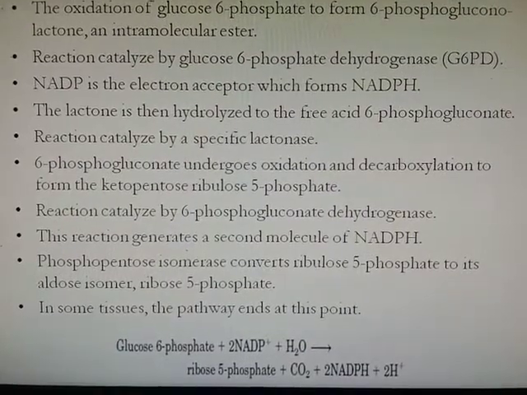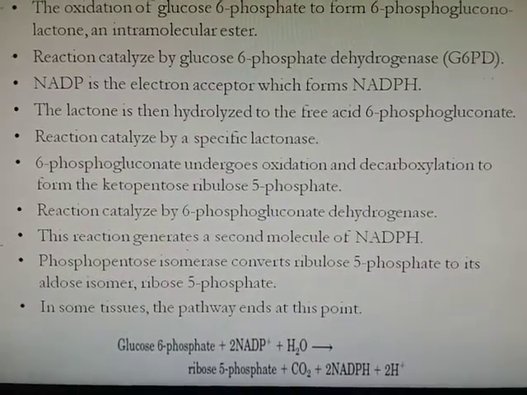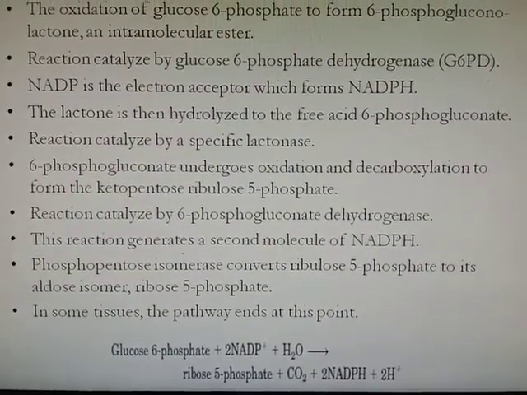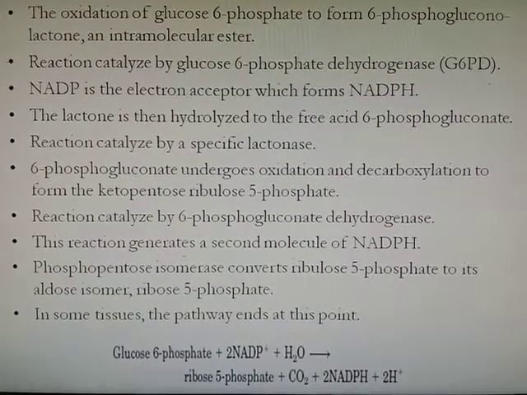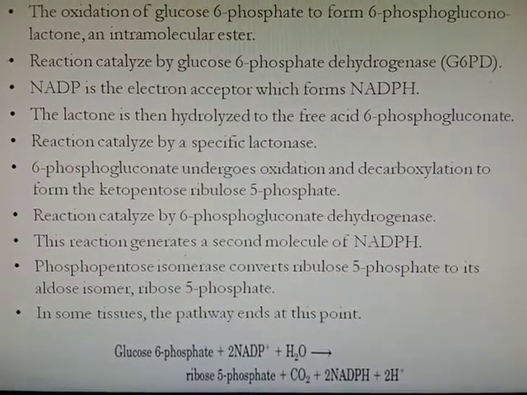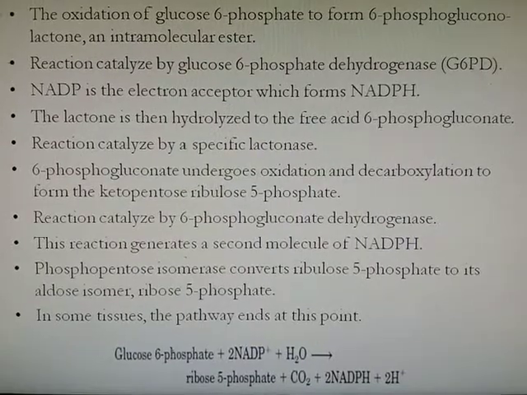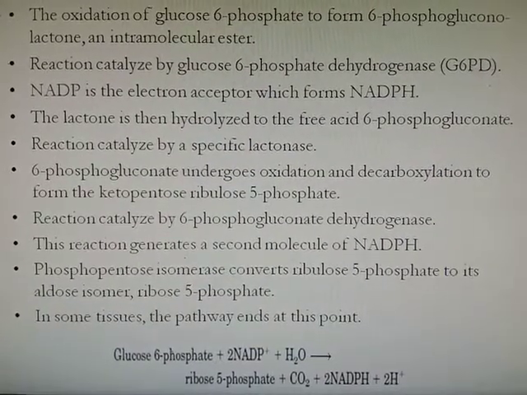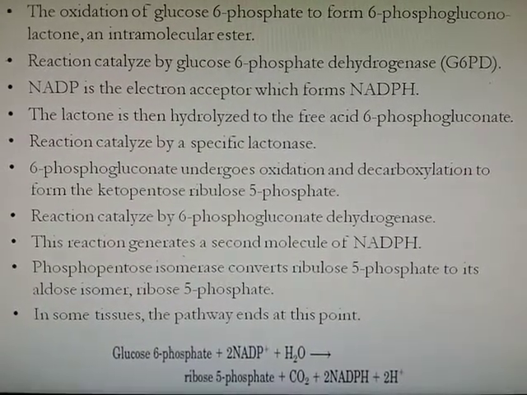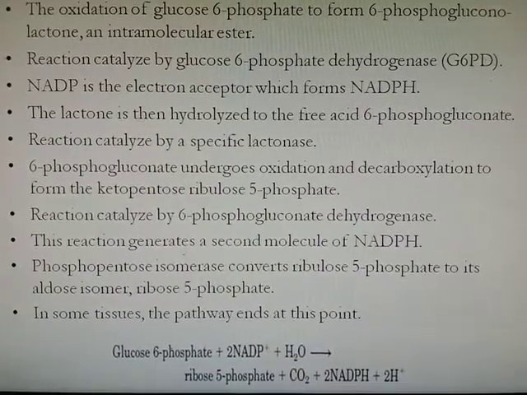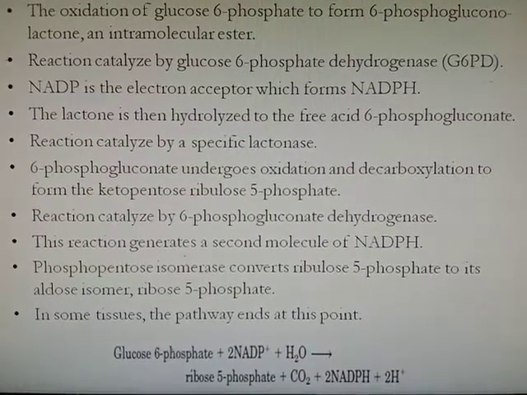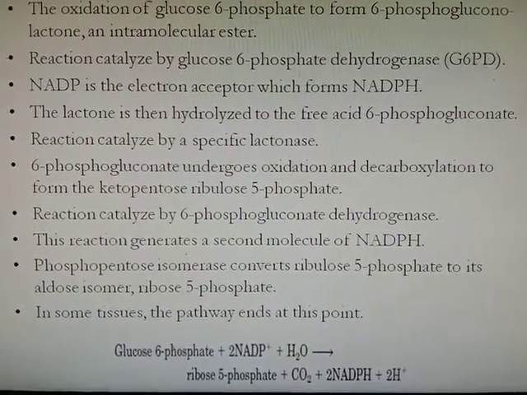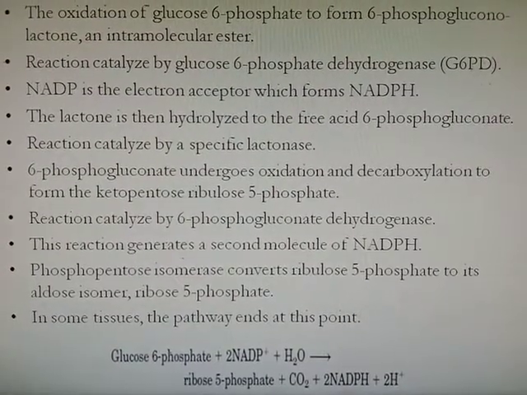The first enzyme is glucose 6-phosphate dehydrogenase, the second enzyme is lactonase, and the third enzyme is again 6-phosphogluconate dehydrogenase. This reaction generates the second molecule of NADPH. The phosphopentose isomerase converts this ribulose 5-phosphate to its aldose isomer called ribose 5-phosphate.